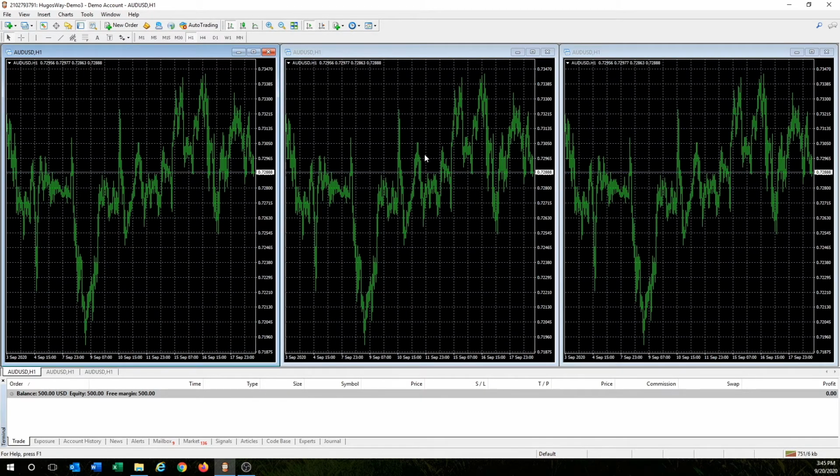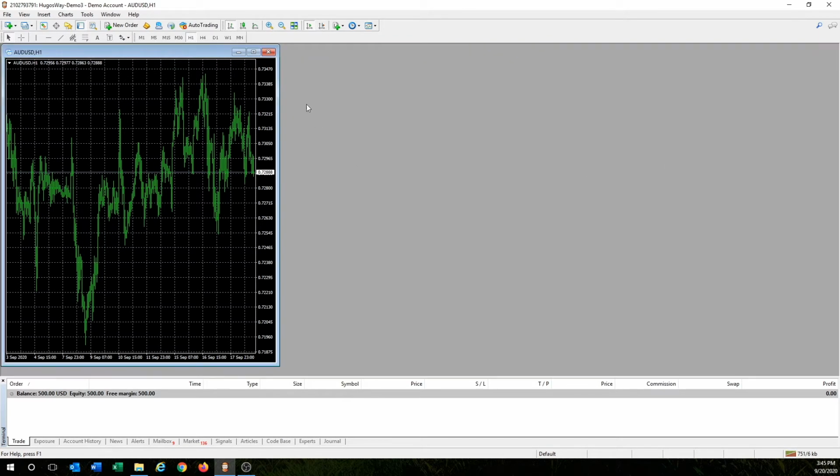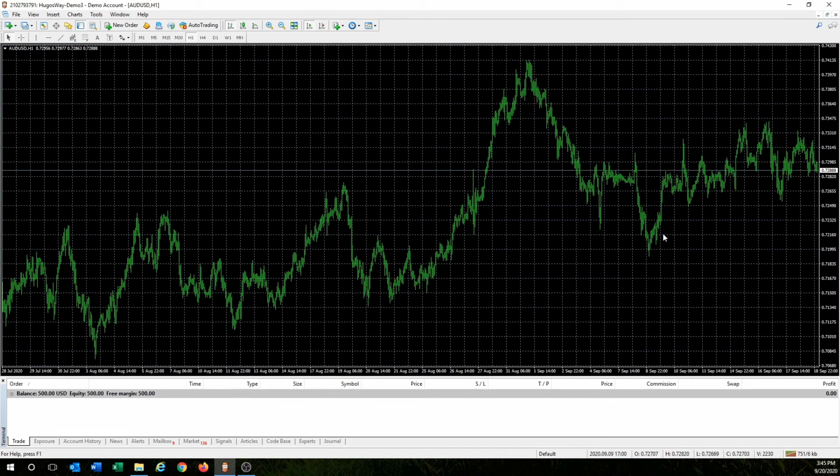That just spreads out the charts, whichever amount of charts you have open. We just want to have one chart open right now, so we don't care about that. We're going to maximize this. And now we're at the most important part, looking at the chart that we're going to focus on for many lessons to come. Okay, so let's now set up this chart properly.